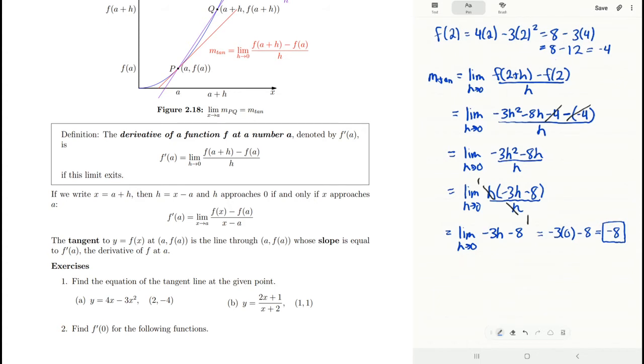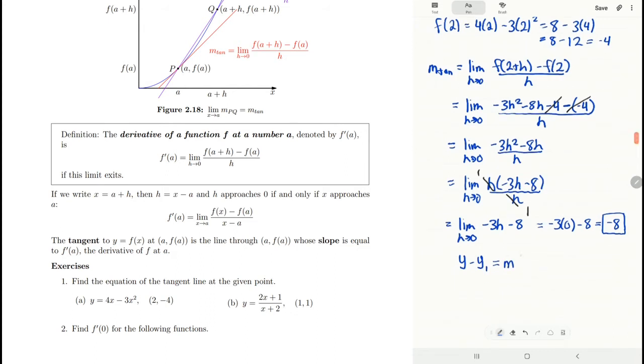So now we can write down the equation of the tangent line. Here I will use the point-slope form of a line, which is y minus y1 equals m times (x minus x1). We determined our slope to be negative 8, and we know that the tangent line goes through the point (2, -4).